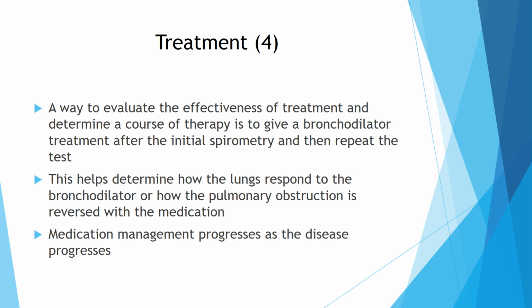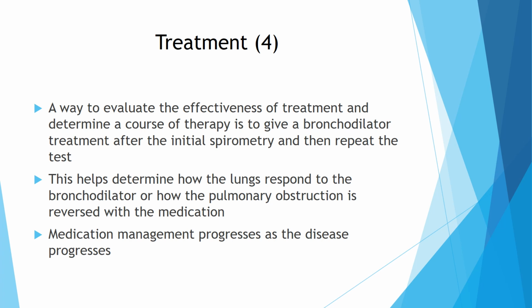We're going to measure the FVC, the FEV1. Then we're going to give the client a bronchodilator, and then we're going to do the spirometry test again. This will help to determine how the lungs respond to the bronchodilator or how the pulmonary obstruction is reversed with the medication. So this will tell us how efficient the medication actually is working for this client.